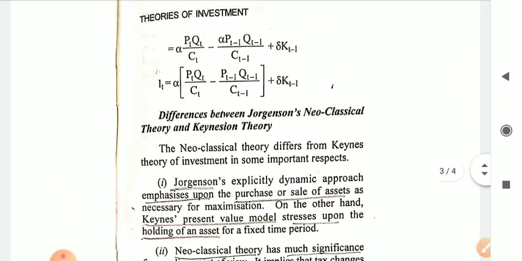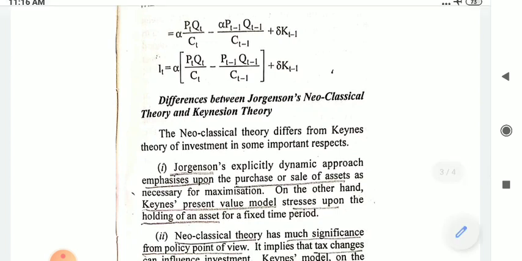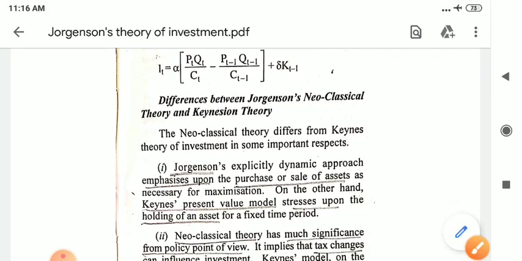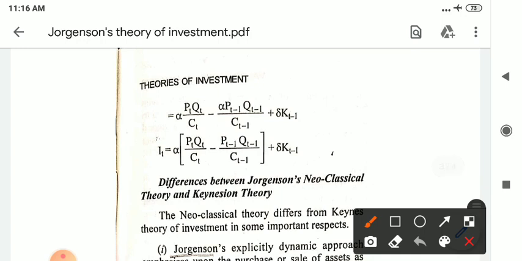In the next step, I_t is equal to alpha into P_t into Q_t over C_t, where we have put the value of K_t, minus alpha into P_t minus 1 into Q_t minus 1 over C_t minus 1, where we have put the value of K_t minus 1, plus delta into K_t minus 1.